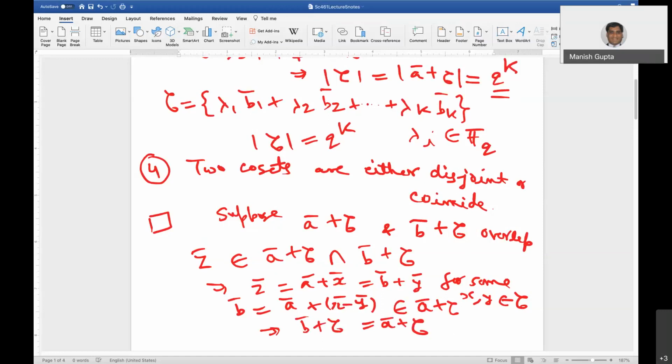Hence the cosets will coincide. If we try to make something common, they will coincide. It is not possible to have overlap in the cosets. So this is a nice property.